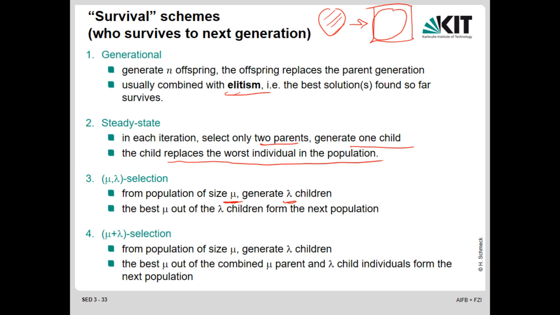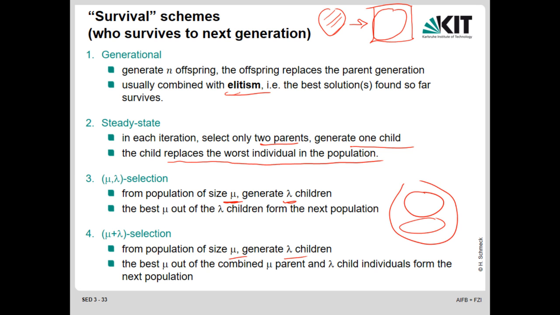And then there is the mu plus lambda selection, where you have a population of size mu. You generate lambda children, and so you have your population here, you have your children, you combine them, and then you take the best mu elements out of the combined population.